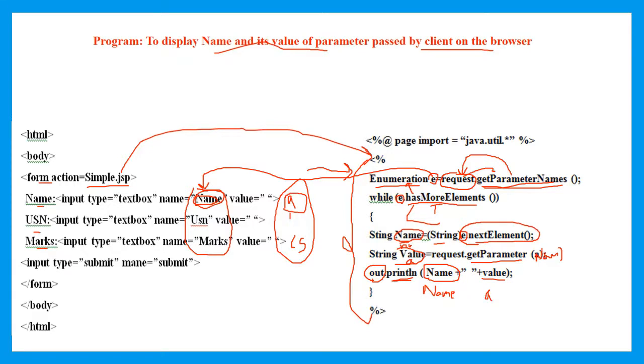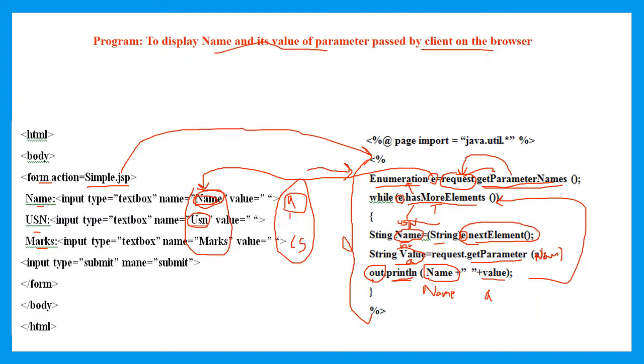while loop. Now hasMoreElements is going to point to the second parameter field, that is USN. If the element is available, it is true. Now the nextElement method is going to return the next parameter name, that is USN. Now your name is holding the value as the name of the parameter called USN. Now I want to retrieve the value which is available in this field, that is 1.